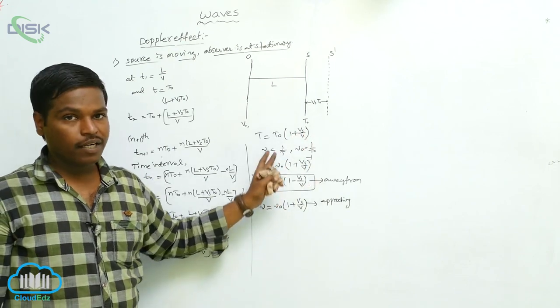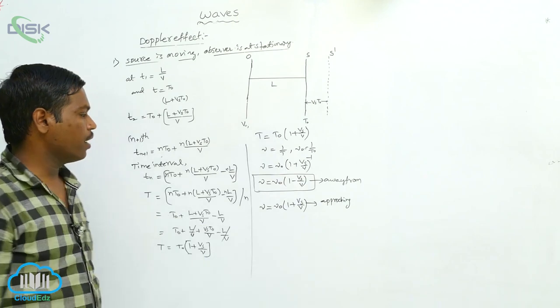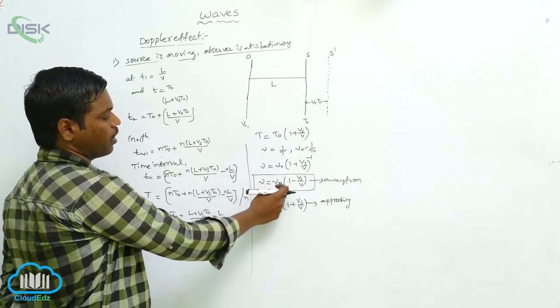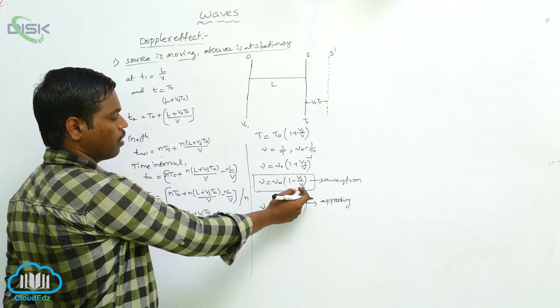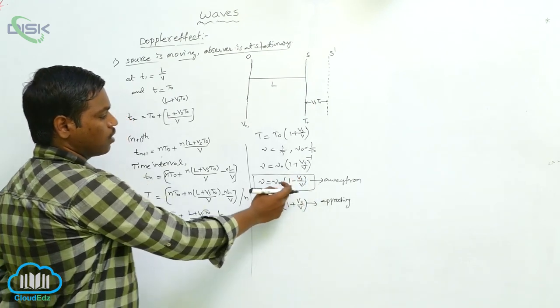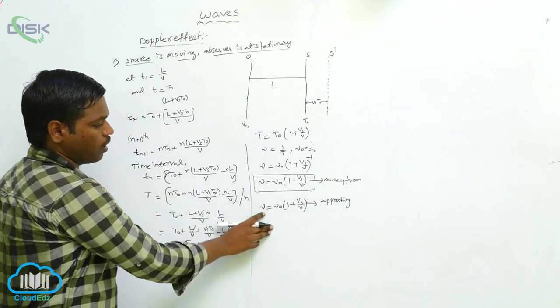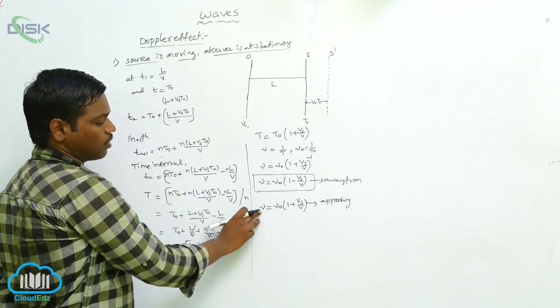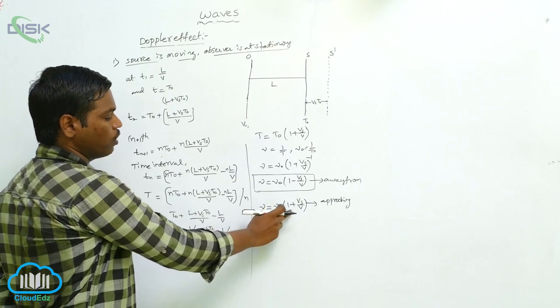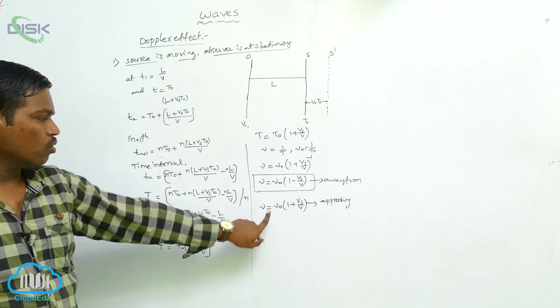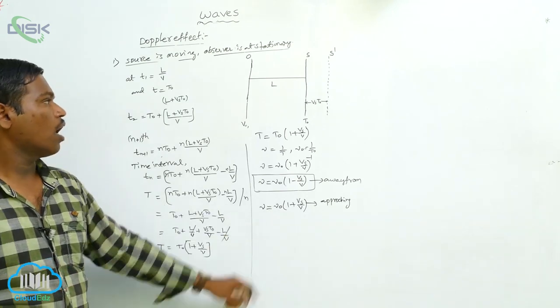If we take the reciprocal of this period, we get the frequency nu is equal to nu naught into (1 minus Vs by V). This is when the source is moving away from the observer. If the source is moving towards the observer, then nu is equal to nu naught into (1 plus Vs by V), when the source is approaching the observer.